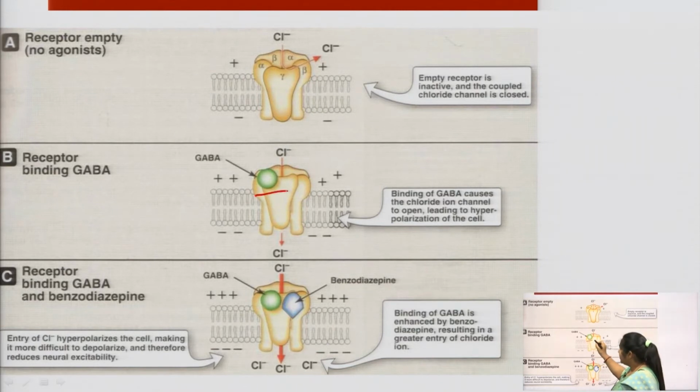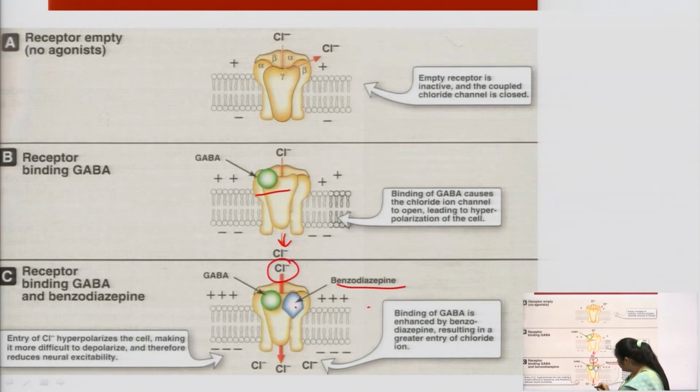But when GABA is attached to its receptor, there is influx of chlorine, and we can clearly see when benzodiazepine is attached at the allosteric site, it is not a competition, a benzodiazepine will not replace GABA. GABA is situated at its own place. Now benzodiazepine will get attached to another site and will act as an agonist, will act as a supporter for the GABA. That will increase.